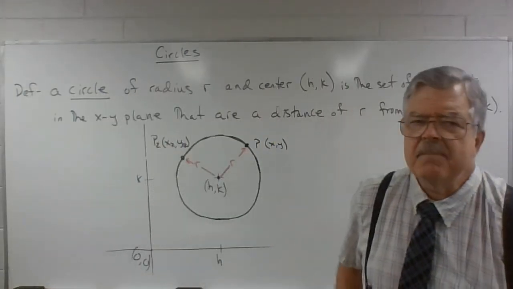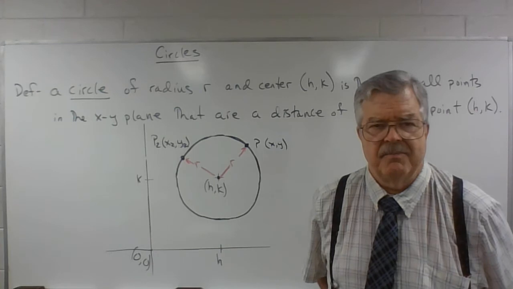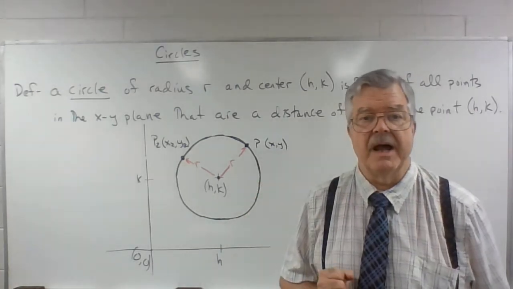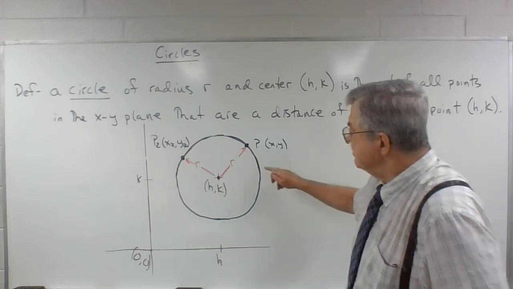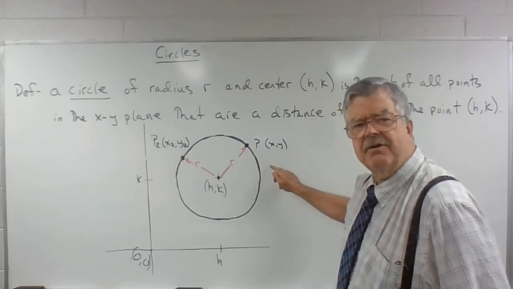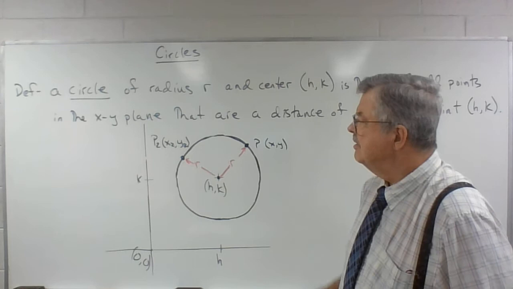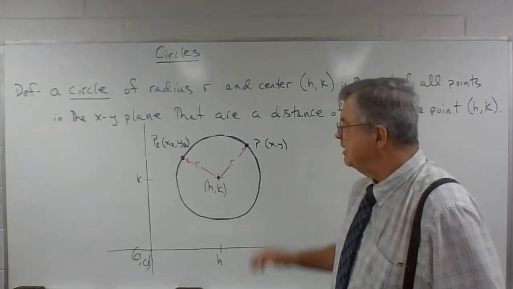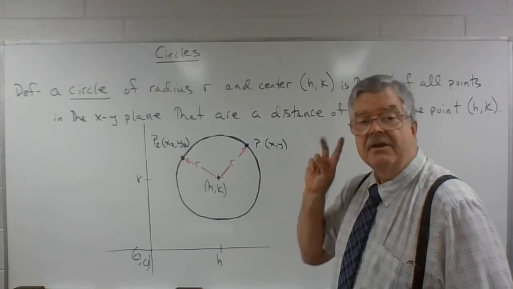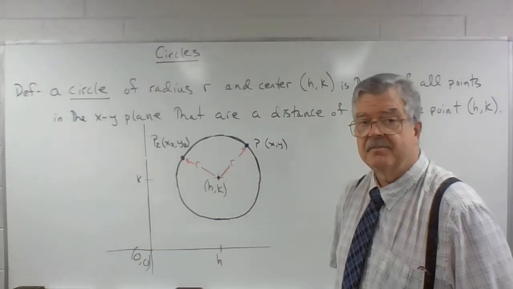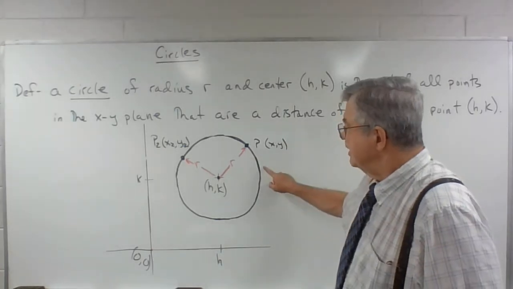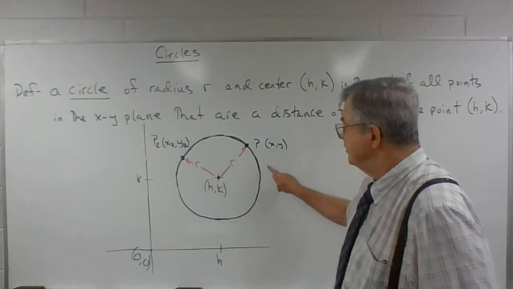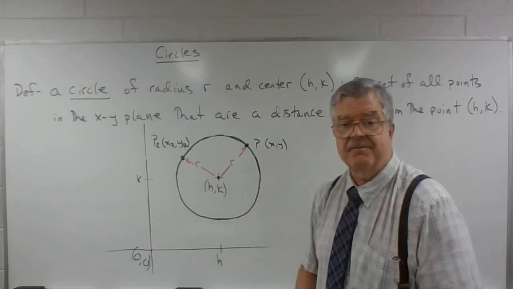Now, could we perhaps figure out what equation in terms of x and y can actually produce this circle? Let's analyze what we have and see if we can actually come up with an equation in two variables that gives us the graph of this circle, or gives us this circle as a graph.